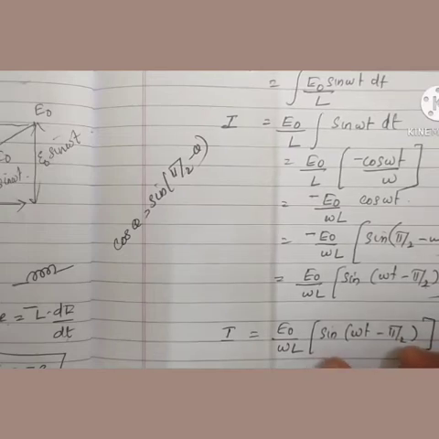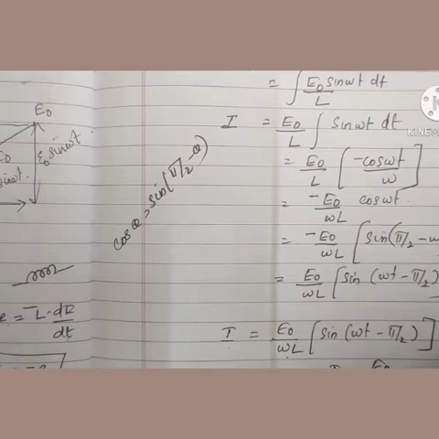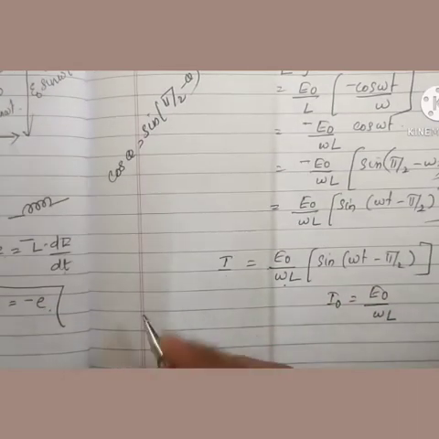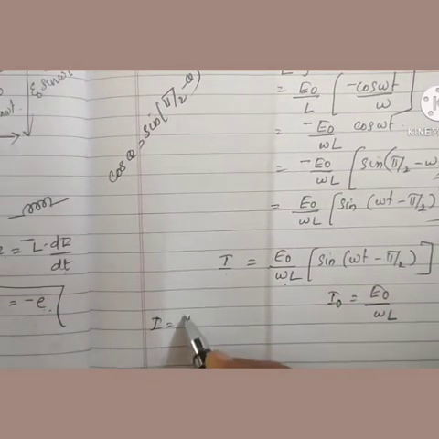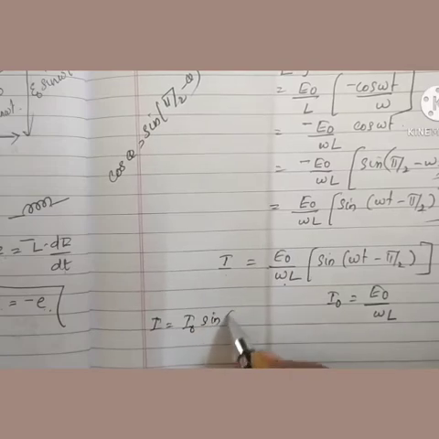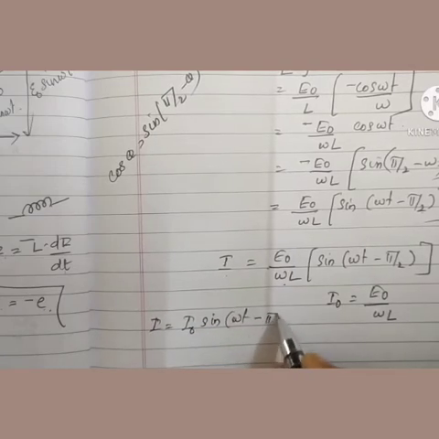If this is the maximum value, it means I is equal to I0, that is, I0 is equal to E0 by omega L. And you can represent this expression again as I is equal to I0 sine of omega t minus pi by 2.